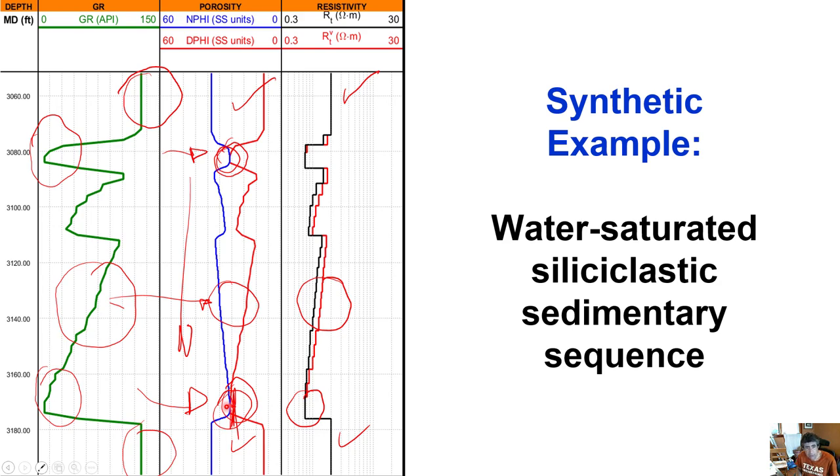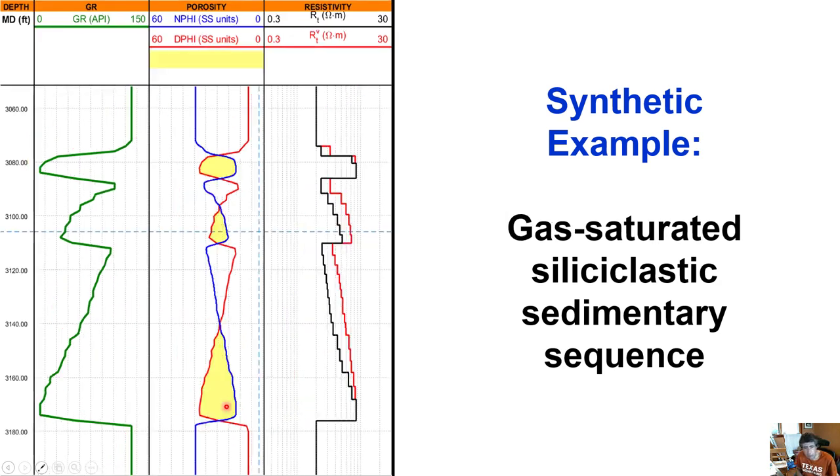So let's keep that example. Now let's go to the same example, but now let me populate that entire sandstone sequence with gas. What we see here is, of course, that the gamma ray log doesn't change, because the gamma ray log is insensitive to the presence of the fluids here. So it will remain the same with respect to the previous example, but look what happens with the neutron and density logs.